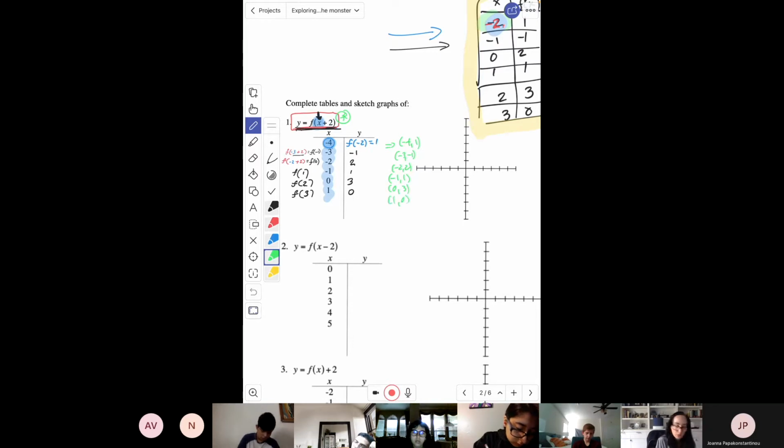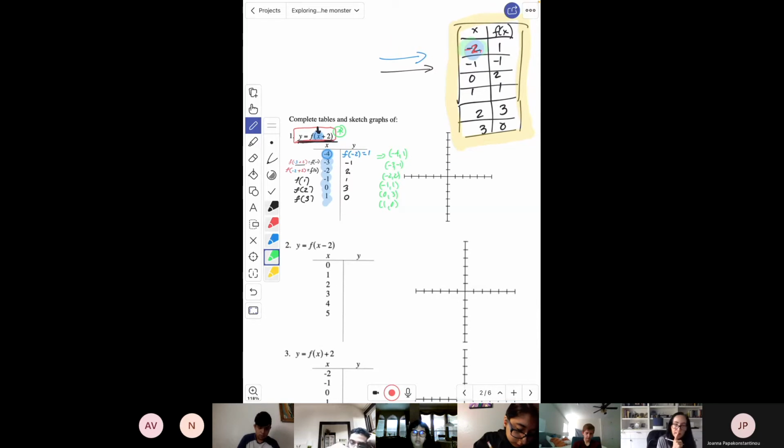So now I'm going to plot those points on my graph. If I plot my points on this graph, this is my x, and this is f of x plus 2. That's my y. I'm going to plot -4, 1; -3, -1; -2, 2; -1, 1; 0, 3; 1, 0.